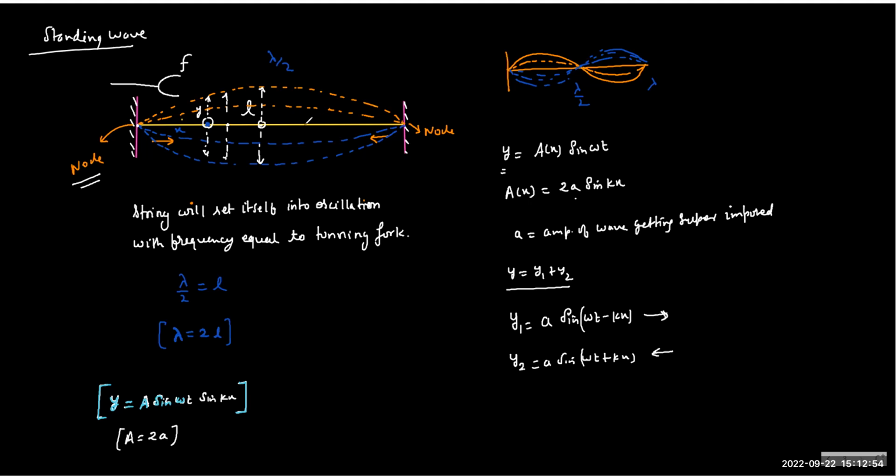So technically, if I choose a small part of the string of dx length, I'll do it on the next page because this is just the theory part.